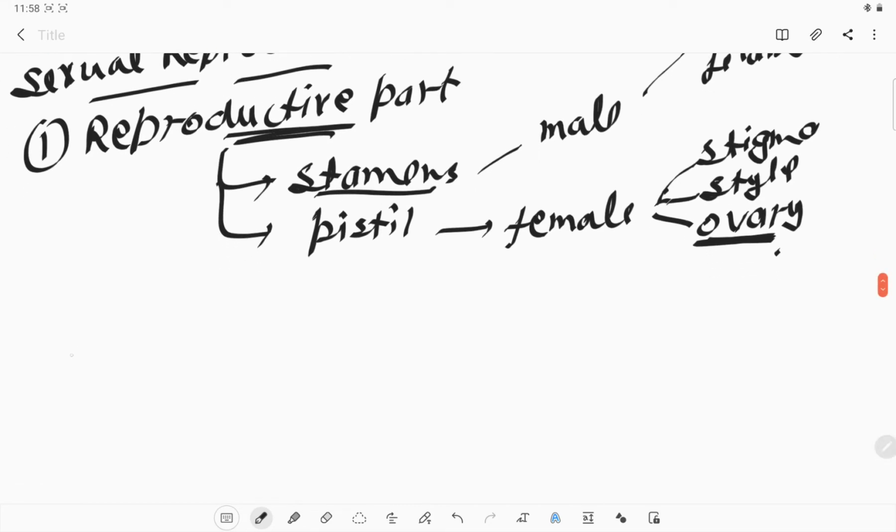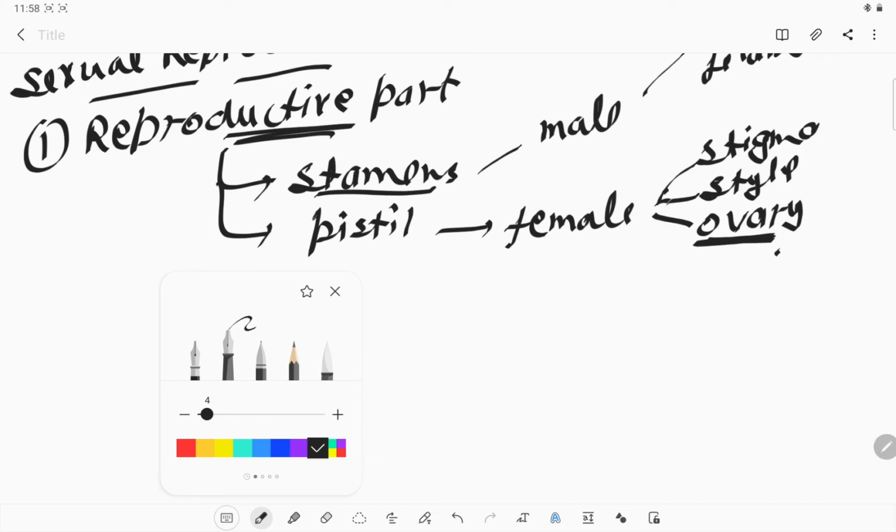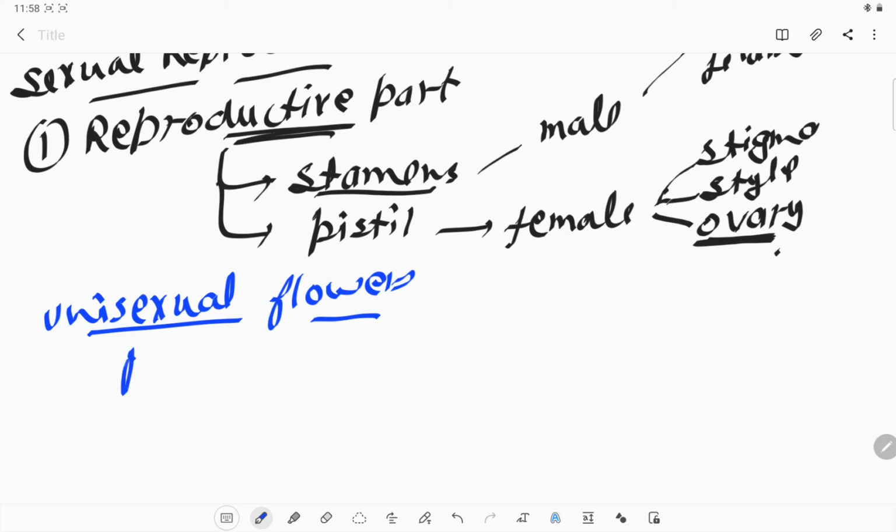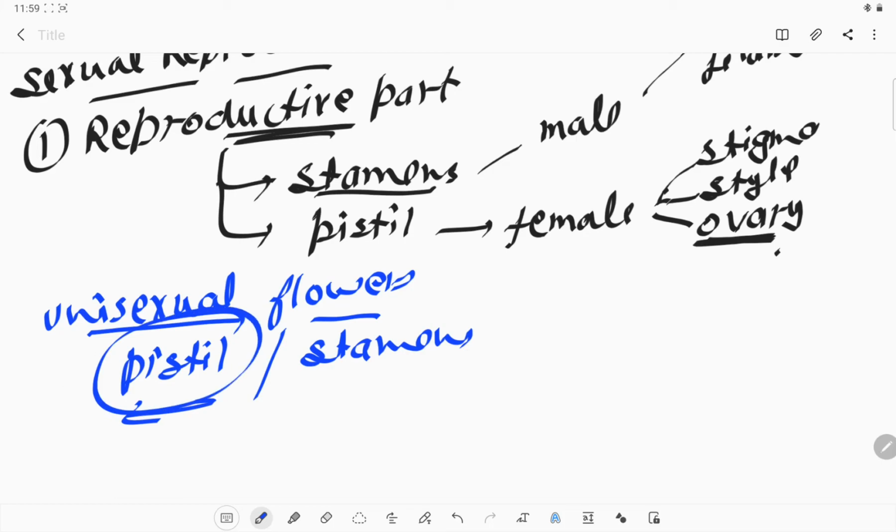Mostly, our flowers are of two types. One is the unisexual flowers. What are the unisexual flowers? The flowers which contain either the pistil or the stamen only. Only one part, only the female part or the male part, is present in the flower.